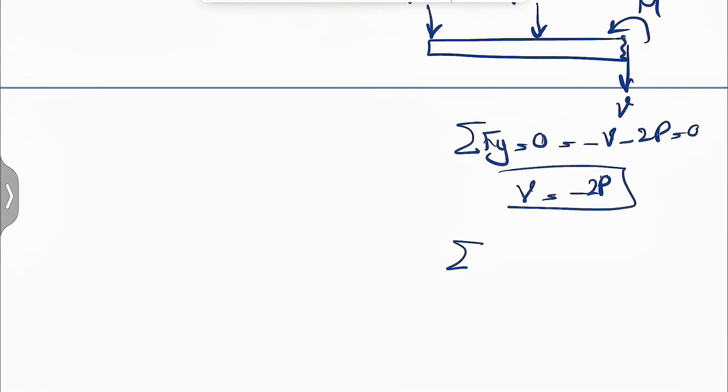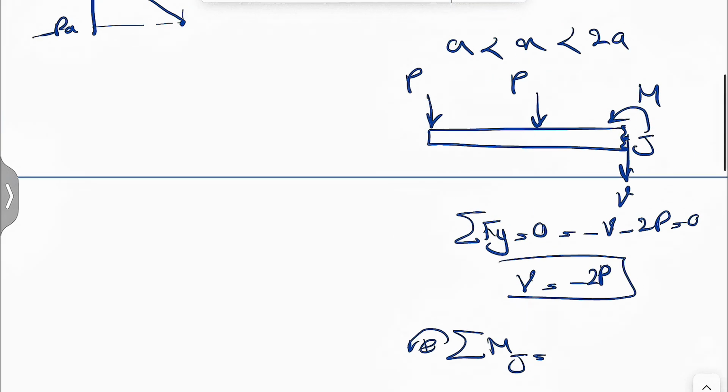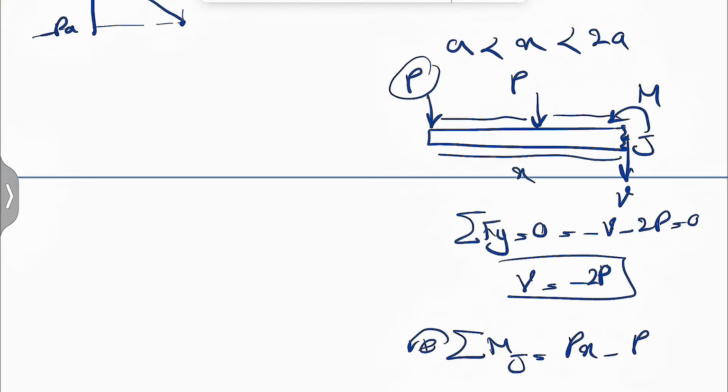And for the moment, again, we can call that point J, counterclockwise positive. We're going to have the moment of 1P, which is counterclockwise, so negative P times, now we're looking for this distance. We know this distance is a. It's going to be x minus a.